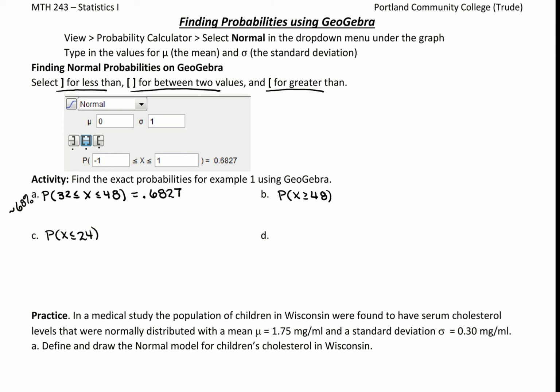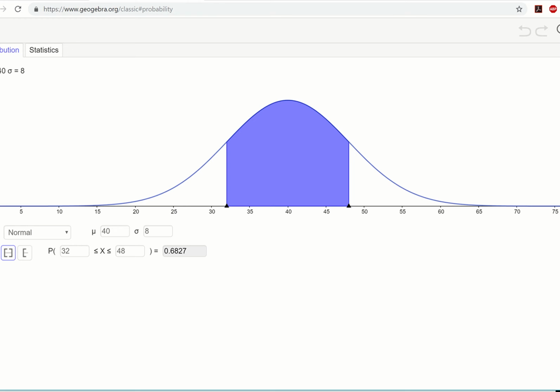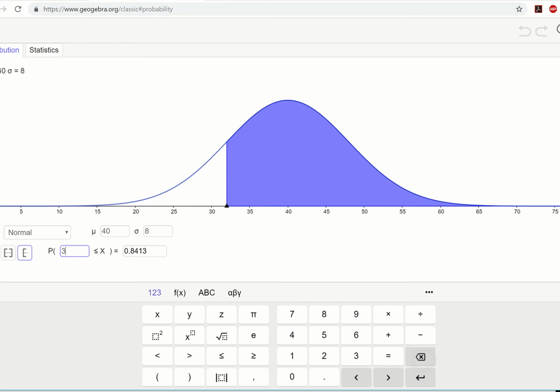For more than or equal to 48, in Geogebra, more than or equal to, or this greater than, we need to shade to this right-hand side. So we just switch to this right-hand shading and adjust our value to be 48. And when you type into Geogebra, always make sure you hit enter so that all of the values adjust.